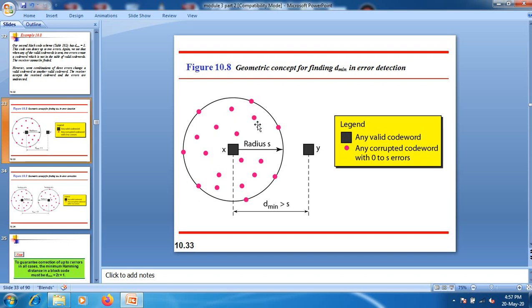Suppose your coding system is able to detect s number of errors. In that case we have this condition, that d minimum should and must be greater than s, where s defines the number of errors. In the sense, d minimum should and must be equal to s plus 1 here.